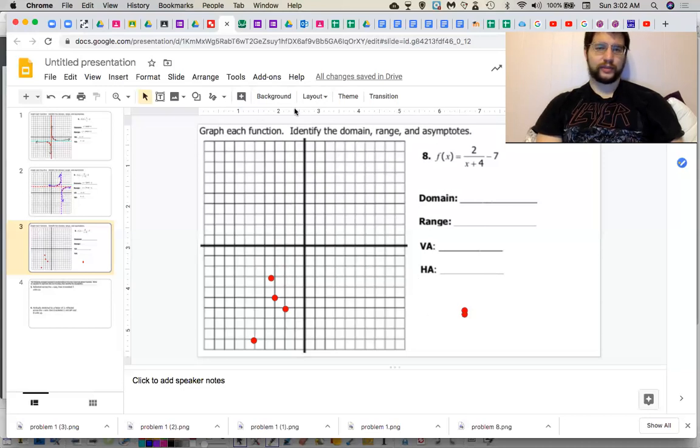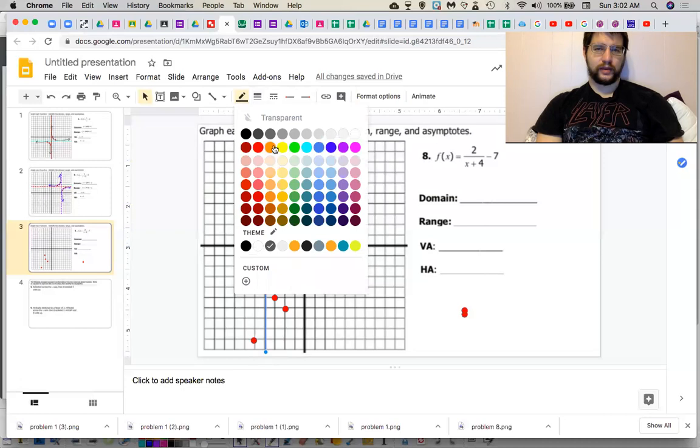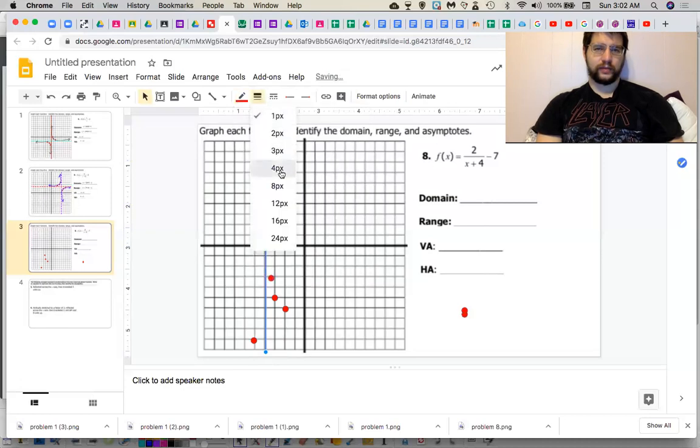Now I'm going to draw my asymptotes. Line again. And it's going to go right here at negative 4 on the x. And hold my shift button down, makes it a little easier. I'll make it red, 4 points, and dashed.